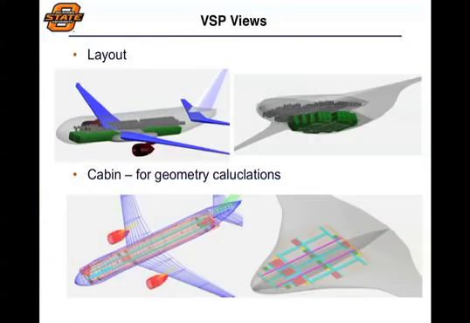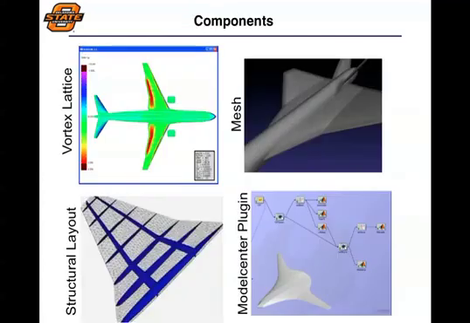Now you can have different views as well, so you can look at shaded views to examine the layout, and you can also look at wireframe views as well when you're modifying the actual geometry. So I mentioned it does have various components, so it's able to do some aerodynamic analysis, to do some meshing for CFD, and structural analysis.